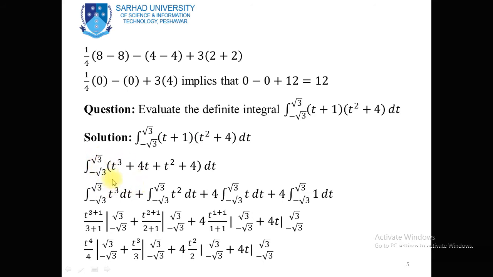So first of all, taking the integration of t cube with respect to t, adding 1 to the power and adding 1 to the power in the denominator, so we can write t power 3 plus 1 divided by 3 plus 1, and this is the given limit.